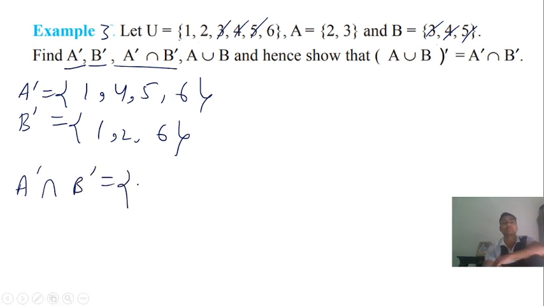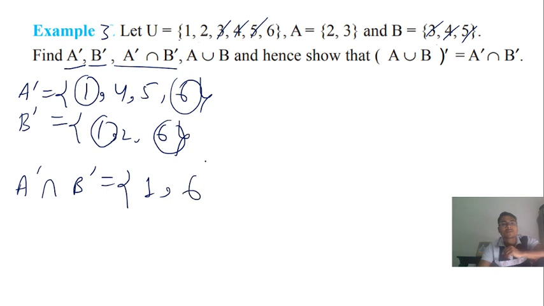A dash is here and B dash is here. Intersection means common elements. These two have 1 common and 6 common, so we write 1 and 6 here.